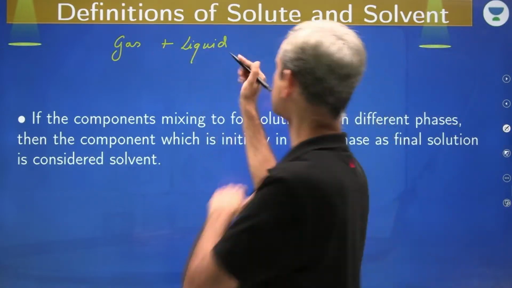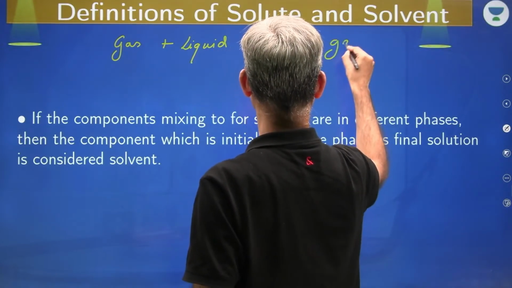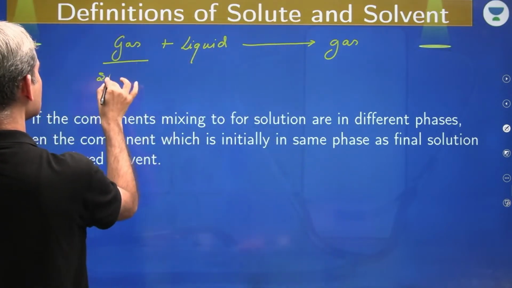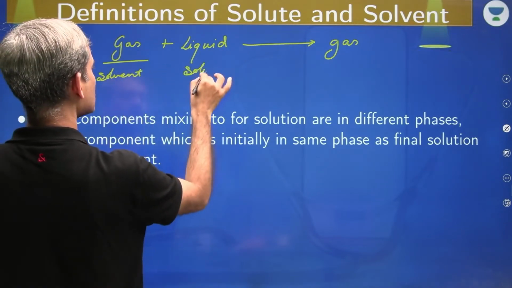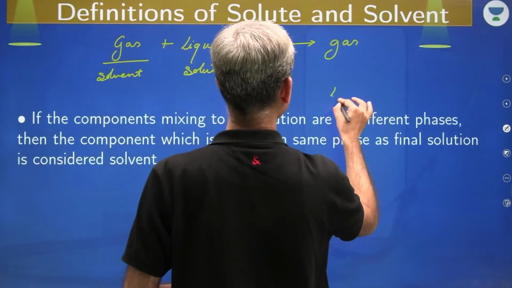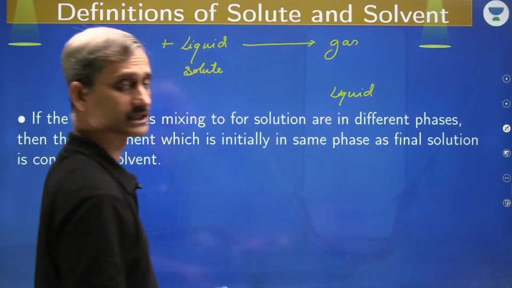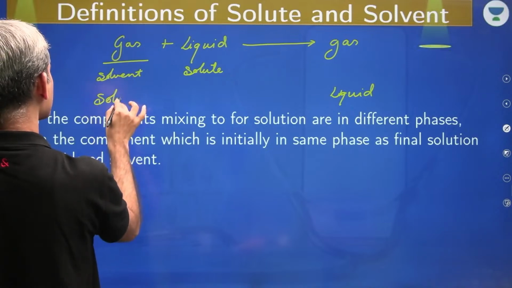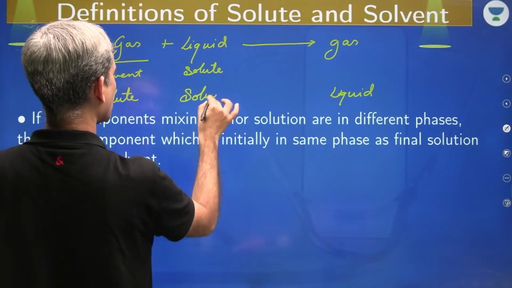But if gas plus liquid gives us a gas, then the gas becomes the solvent and the liquid becomes the solute. On the other hand, if the final solution is a liquid, then the gas becomes the solute and the liquid becomes the solvent.